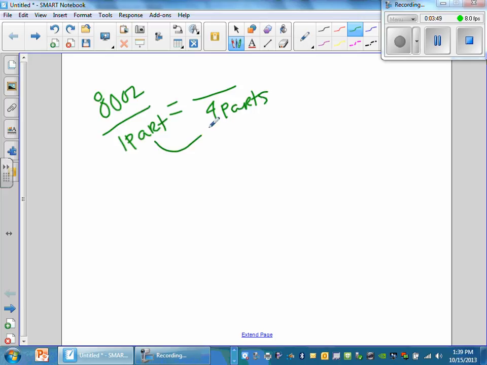I can see that I'm going to be scaling up because going from 1 to 4 gets bigger, so I'm going to multiply. 1 times 4 is equal to 4. If I do that to the bottom, I also need to do that to the top. So 80 times 4 gives me 320 ounces of lemon lime.